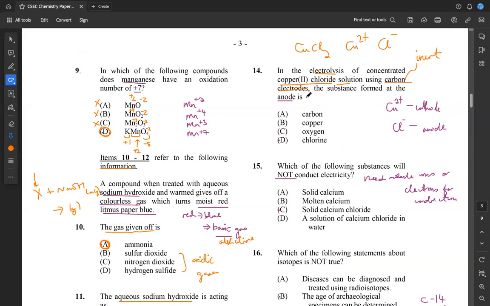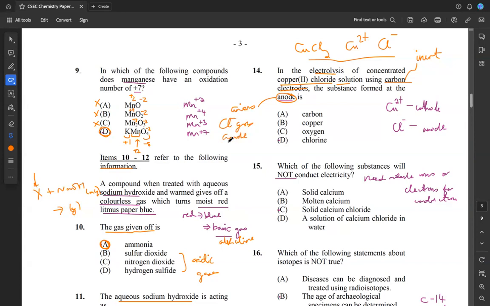So what forms at the anode? Anions go towards the anode, and in this compound our anion is Cl minus, so Cl minus is going to go to the anode.